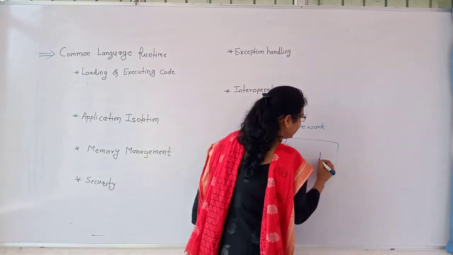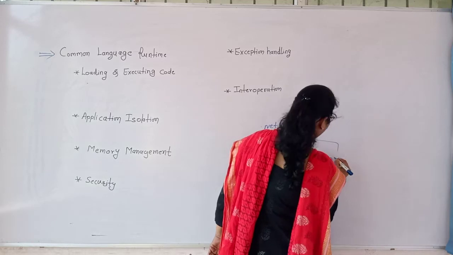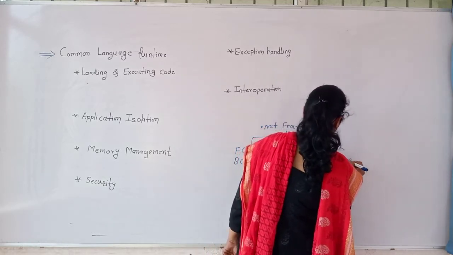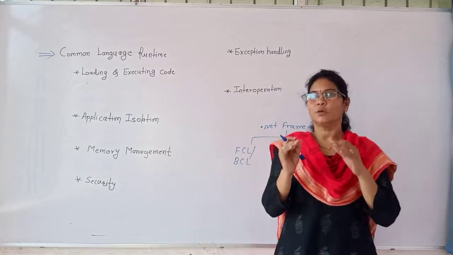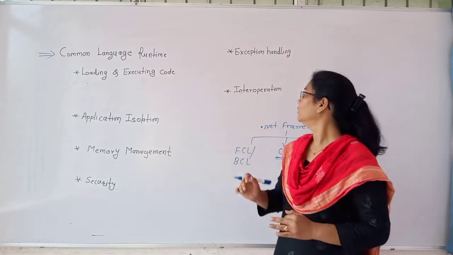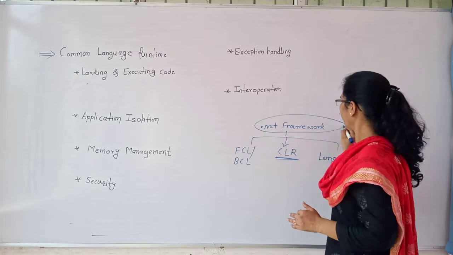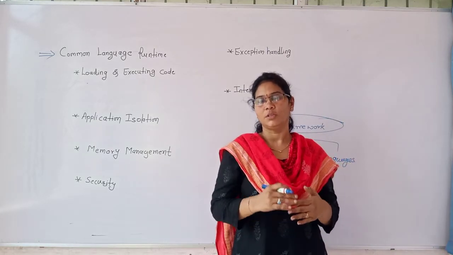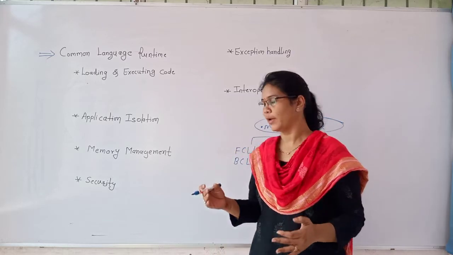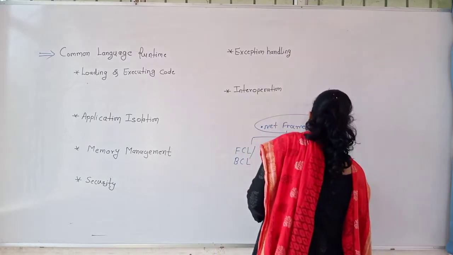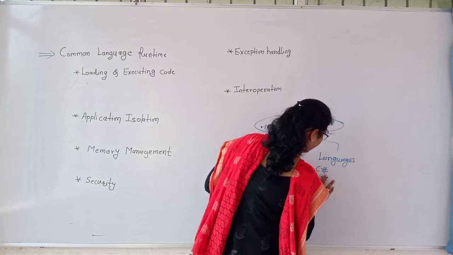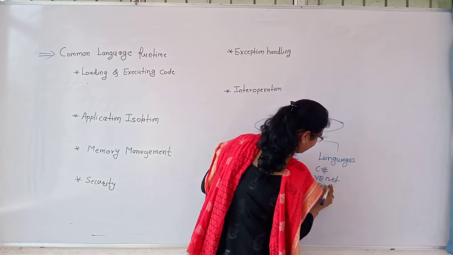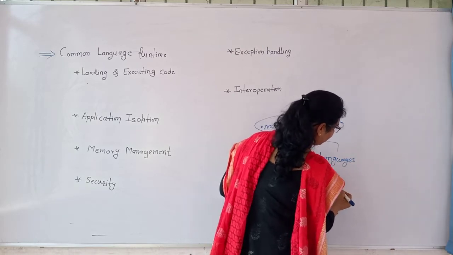The next component of the .NET framework is languages. These are languages which run on one framework. That means it is one platform where we can run programs of many languages like C#, VB.NET, J-code and so on.